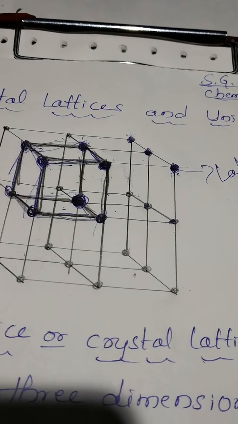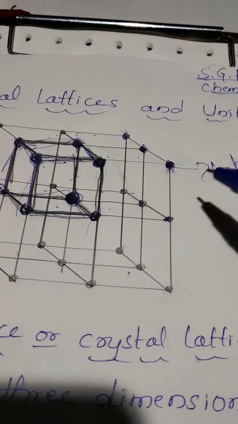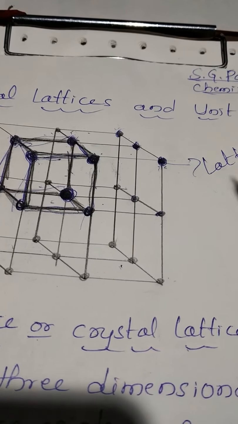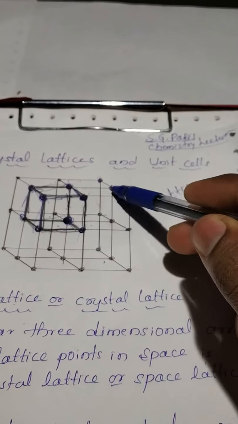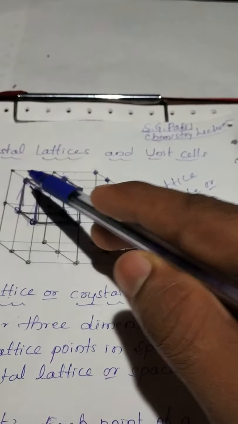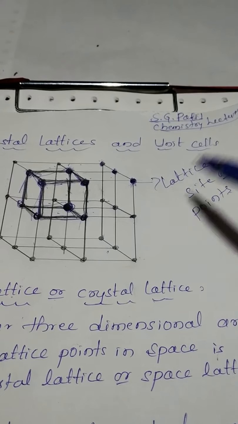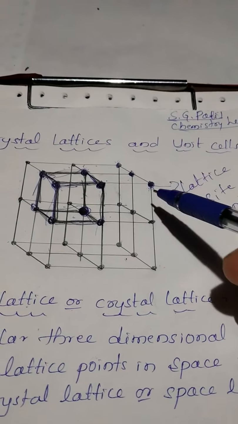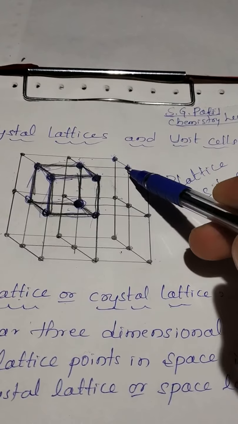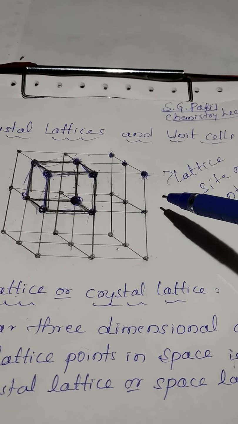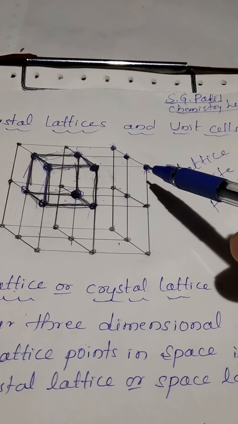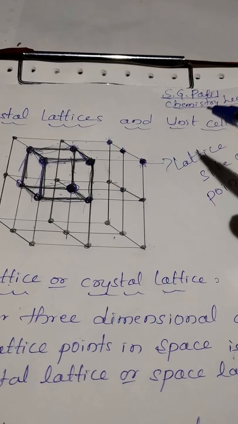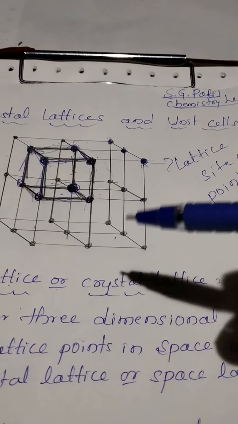Then another question arises here. What do you mean by lattice points or lattice sites? See here, these points are called lattice sites. Each point is occupied by constituent particles, which may be ions, atoms or molecules.